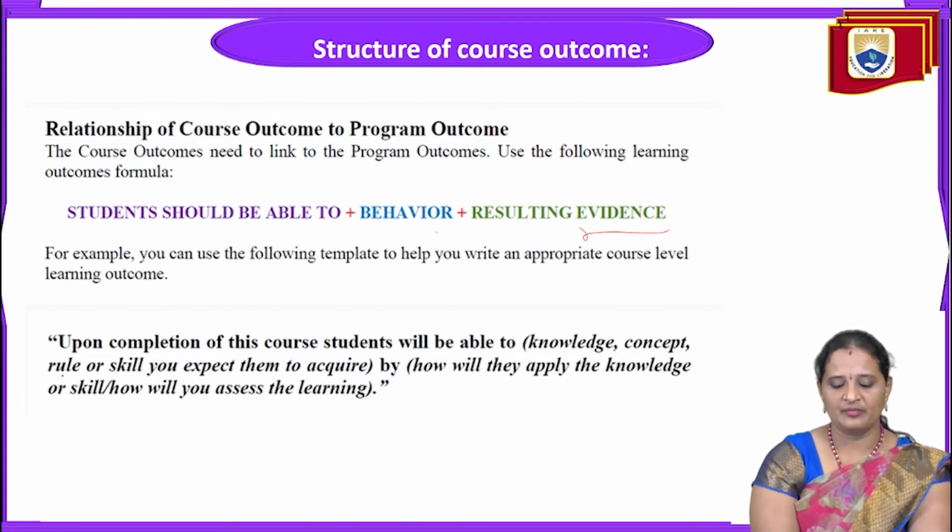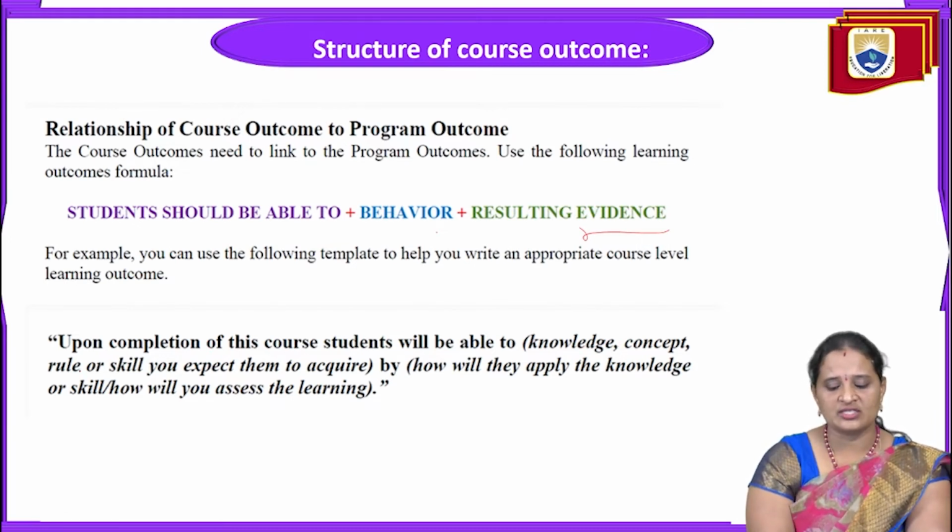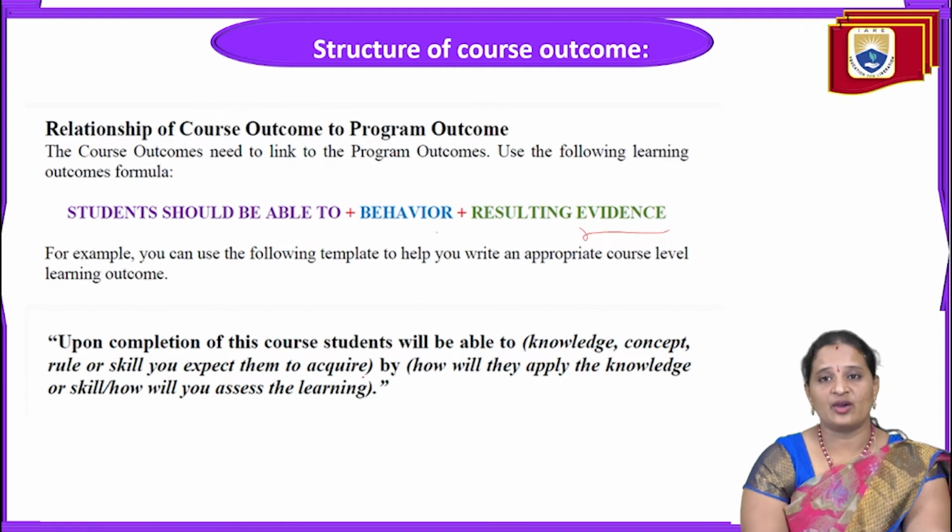For example, I will show you some course outcomes where we can see the behavior and resulting evidence. Upon the completion of the course, the student will be able to apply the knowledge, concept, rule or skill you expect them to acquire.